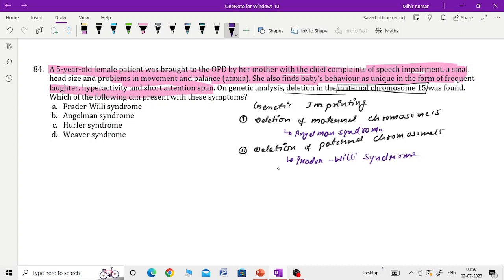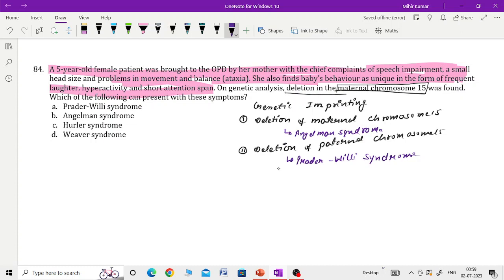That occurs because genomic imprinting means rearrangement of the gene on the chromosome. Rearrangement of the gene in the chromosome. When the gamete is formed, then the gene rearrangement occurs, and this is called genomic imprinting.